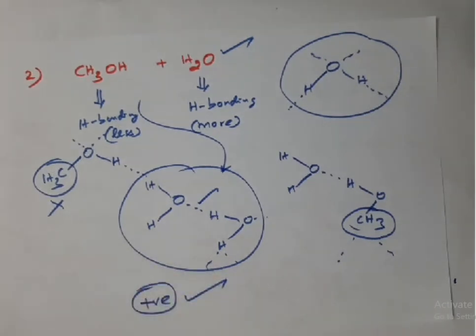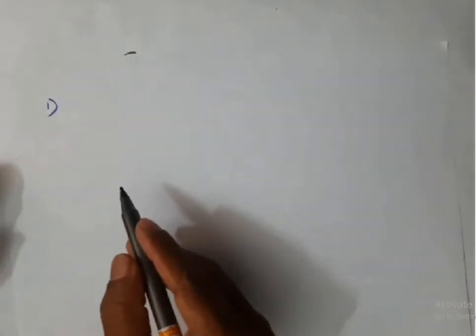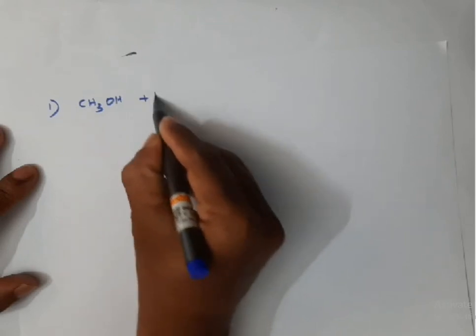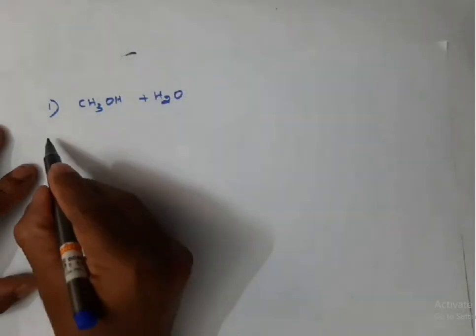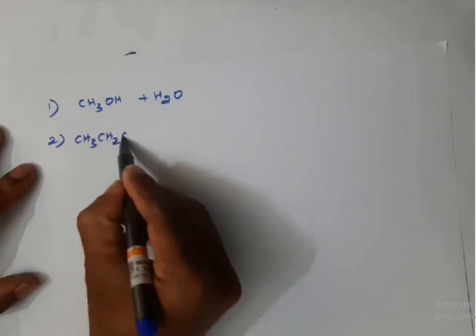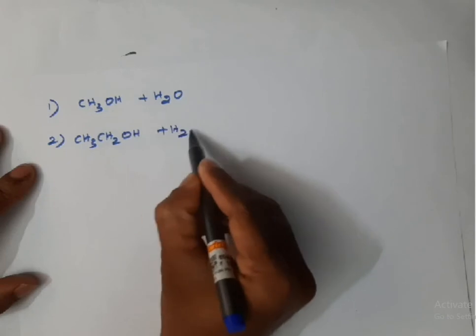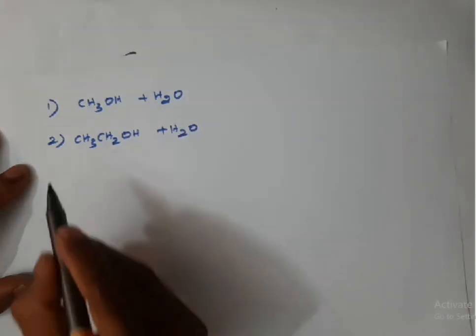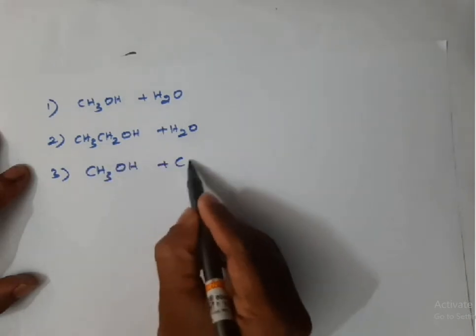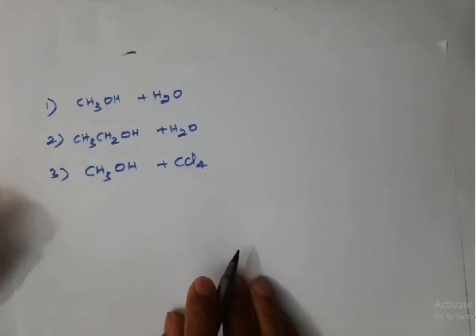Now I'll give a few more examples for solutions showing positive deviation. I'll just list out whatever examples you have to remember. So methanol and water will form positive deviation. Ethanol, CH3CH2OH, and water form positive deviation. Then methanol and carbon tetrachloride form positive deviation.